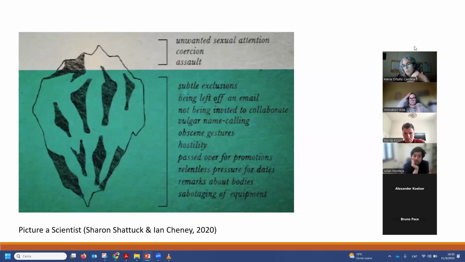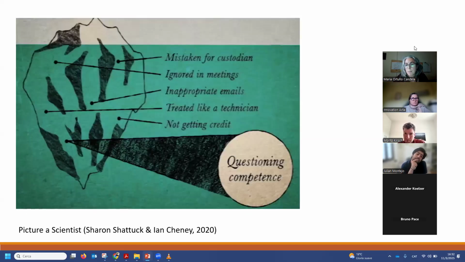You know, maybe you are familiar with this iceberg figure. These little things that is not just the assault or raping or things that are really more impacting, but many little things are supporting this sexual harassment, and also in the way women are being questioned.